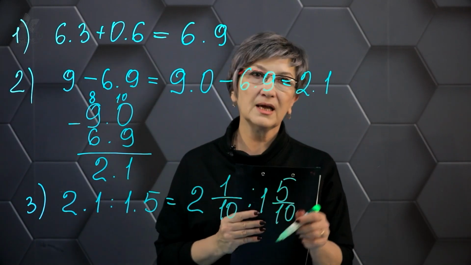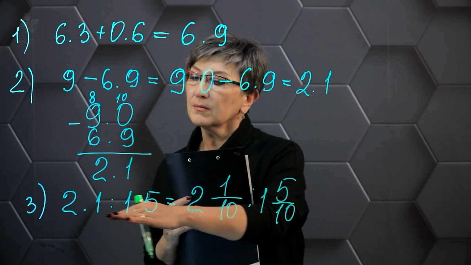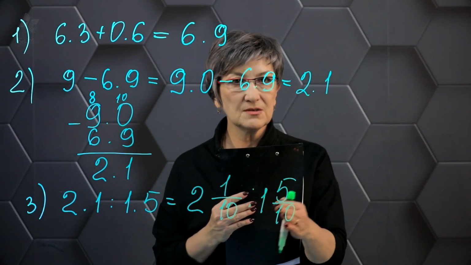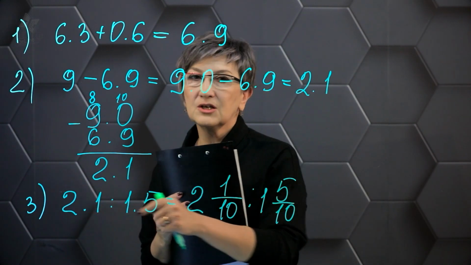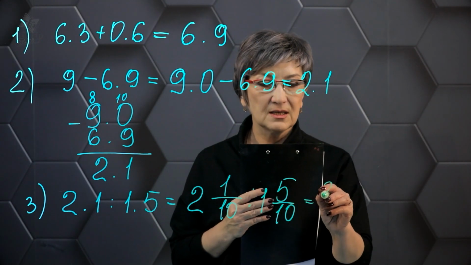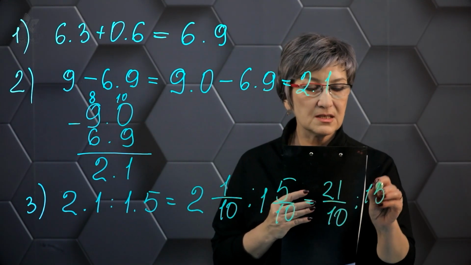You have the freedom to perform this action as you desire. If you are good at dividing in columns, please do. But I think it's more advantageous to divide here by converting these numbers to common fractions. And it turns out that we have 21 tenths, which we have to divide by 15 tenths.